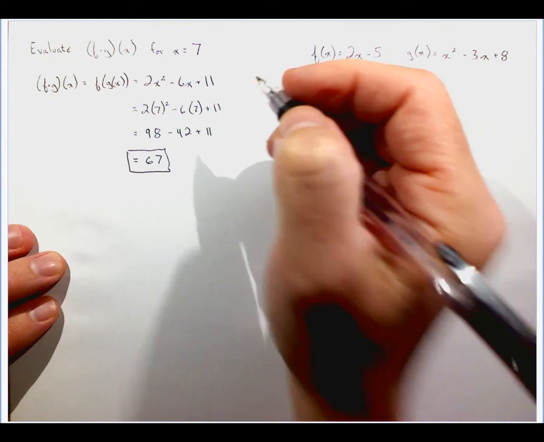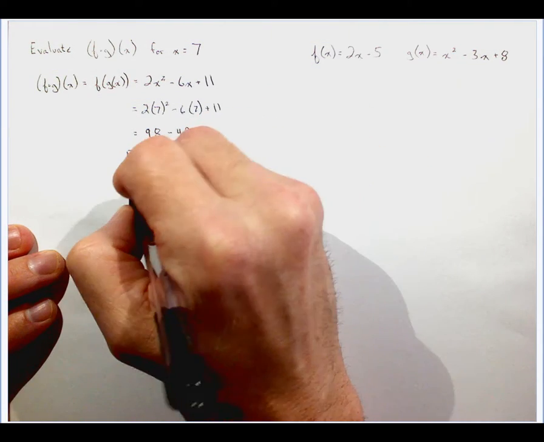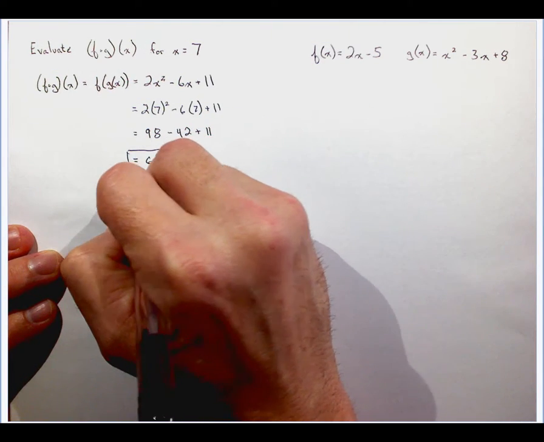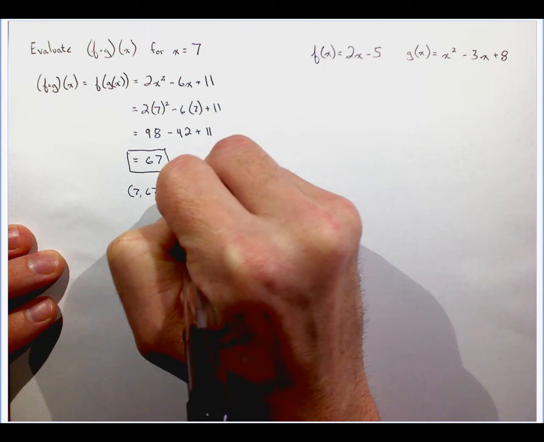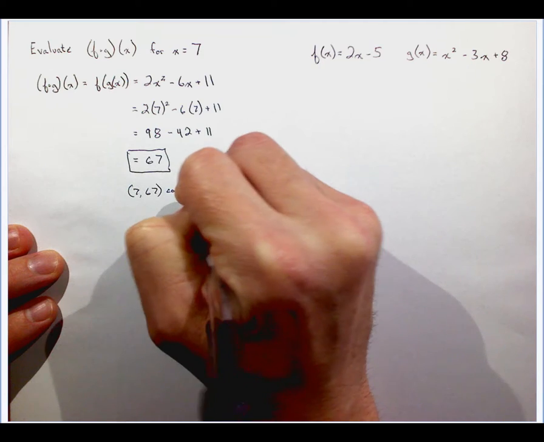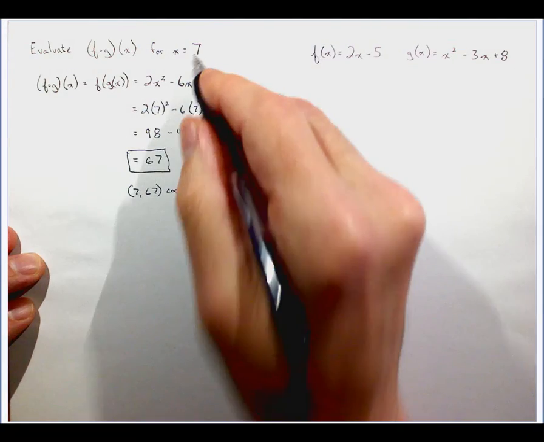That is my output. Again, just a refresher, this is actually a coordinate that I have. This was input, this was output. This is x, this is y.